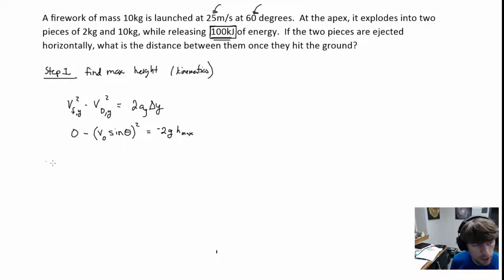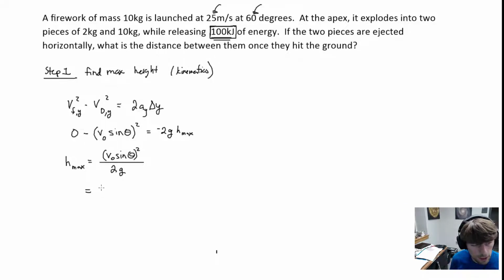So unsurprisingly, we have h max is equal to V naught sine of theta, that whole quantity squared, divided by 2g. Of course, if you want a number for it, we'll plug that into our calculator, making sure that we are in the proper units of angle. We get 25 times sine of 60 squared divided by 2 times 9.8.